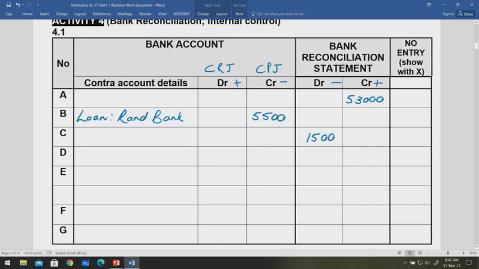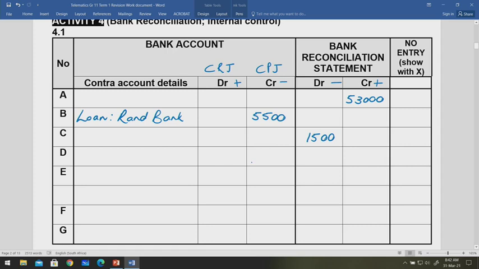Then number D, EFT 2884265 appeared on the bank statement, and this EFT was issued to Mat Suppliers for stock purchased on the 12th of April, and it was incorrectly entered in the cash journal. So obviously we must correct it in our journals. The difference between 265 and 256 is 9 Rand.